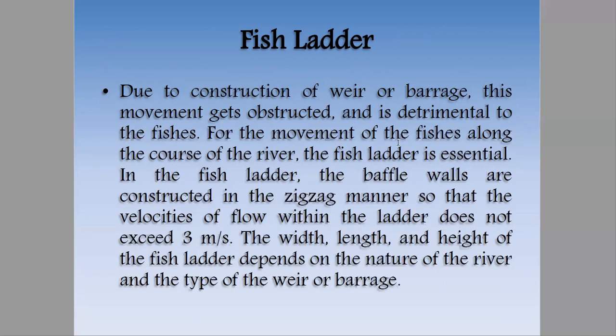And why do we need that? We require this because in high flow fishes might not be able to go to upstream from downstream, that they usually do in monsoons.